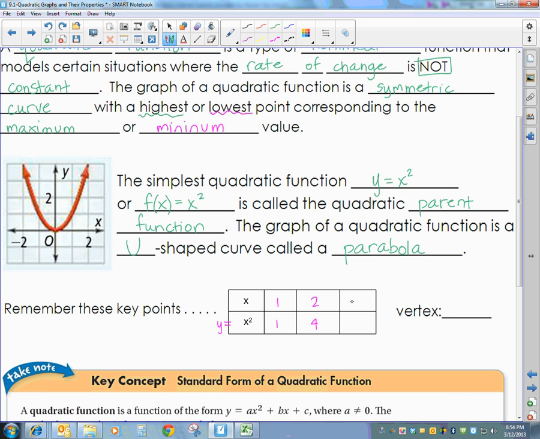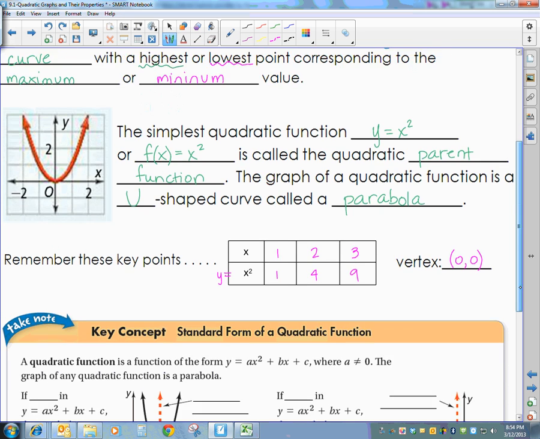If x is equal to 3, 3 squared is 9, so forth and so on. You could keep going with those key points. And remember that the vertex is this point right here. It's the lowest point on our parabola, and you're going to see it in a minute in our picture. But it's either the lowest point or the highest point, and in our parent function, the vertex is 0, 0.